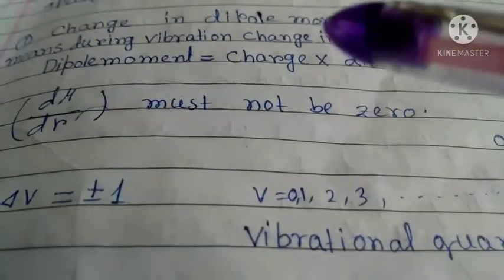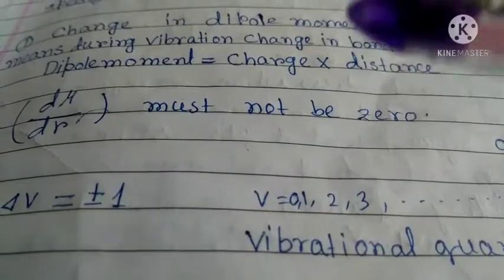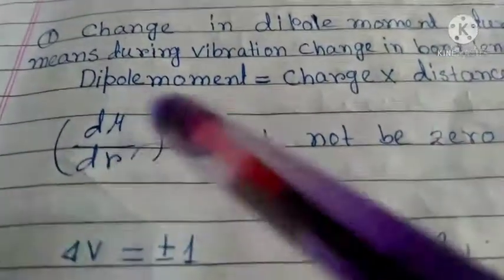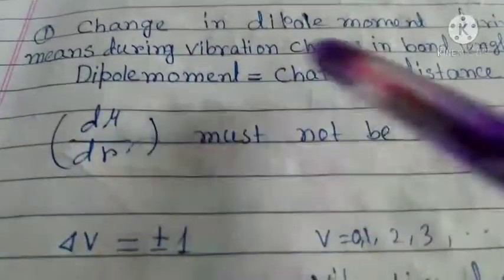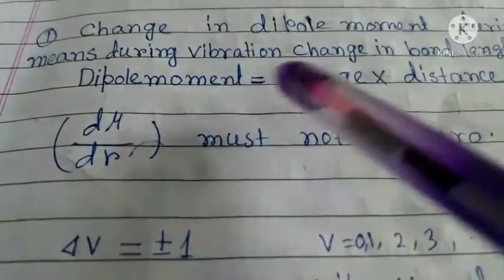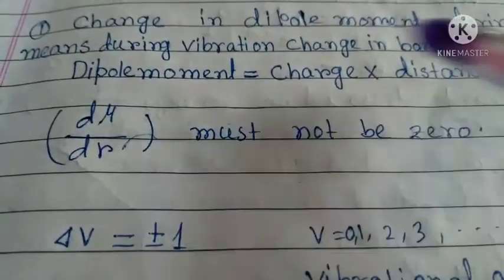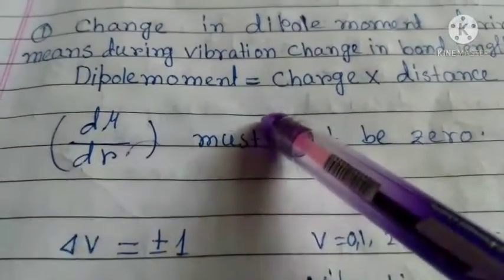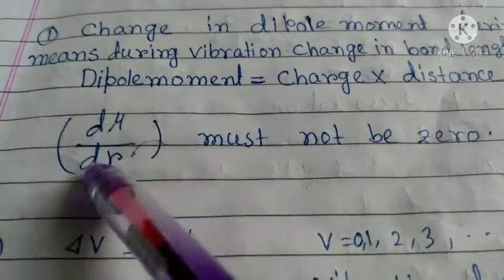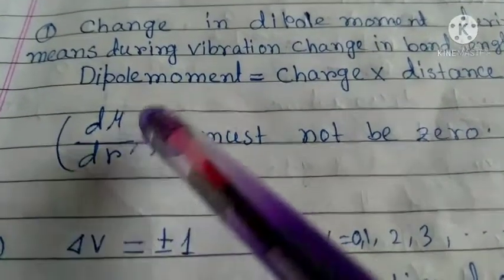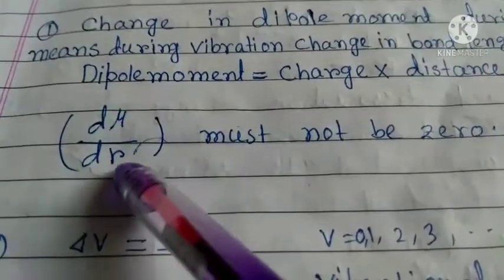And also the main condition for a molecule to be IR active is that there should be a change in the dipole moment during the vibration. Dipole moment, we know, is charge times distance. So if you consider the HCl molecule, charge we cannot change, only distance we can change. If the distance is elongated, there will be an increase in the dipole moment with respect to distance, and if it is compressed, there will be a decrease.